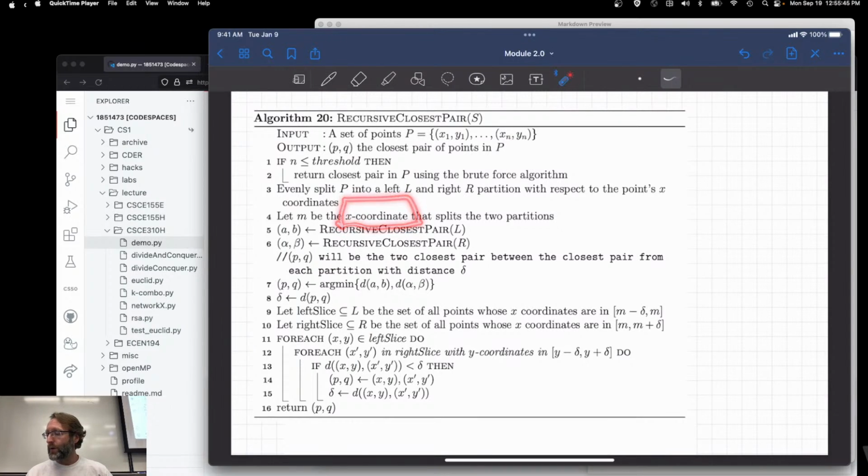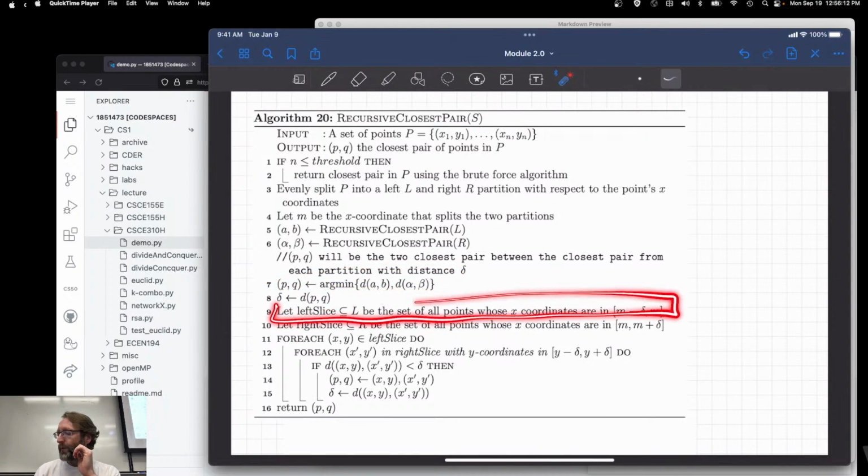So how would I end up partitioning it between those two things, L and R? If I've got, say, 10 points, and they're all sorted with respect to their x coordinates, where do I need to cut it off? Length divided by 2, 4. That'd be easy.